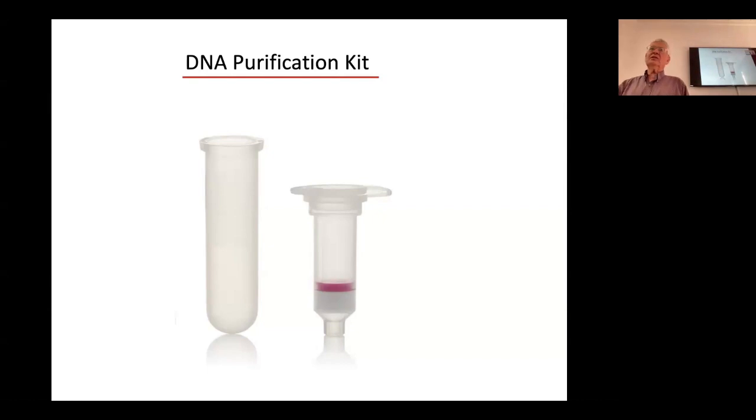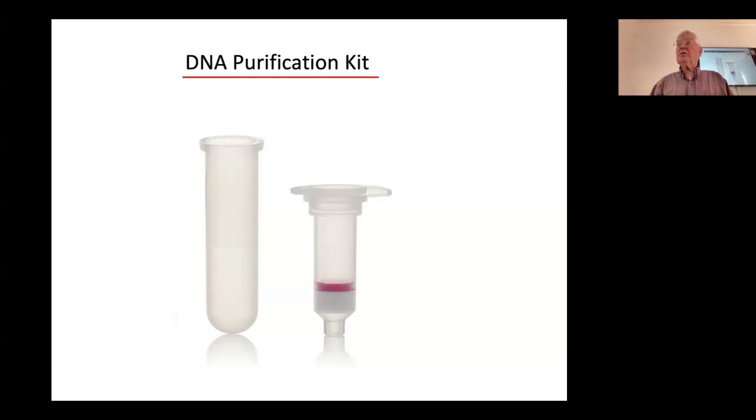You spin it down and you end up with your DNA, usually in a volume of about 3 drops. Everything in the lab is done in the metric system, so it comes out as something like 50 microliters, and a typical drop might be about 50 microliters.